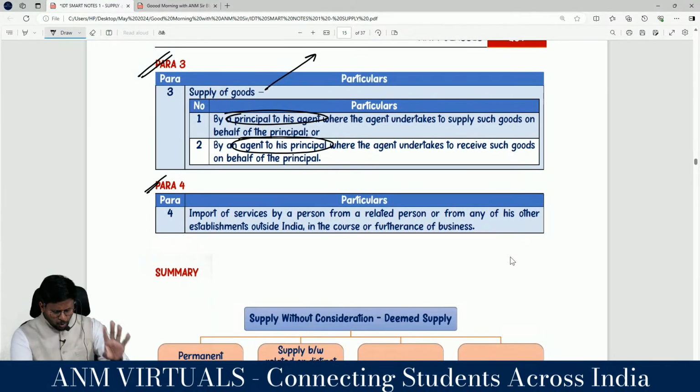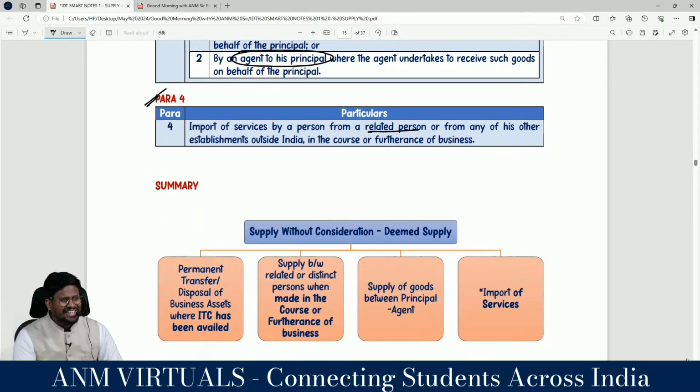Next one, para number 4, import of services by a person from a related person or from any of his establishments situated outside India in the course or furtherance of business. So even if there is no consideration, only these 4 activities become a supply. That's what the shortcut is.